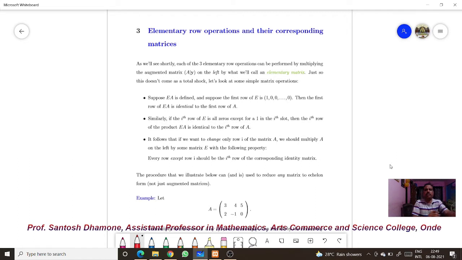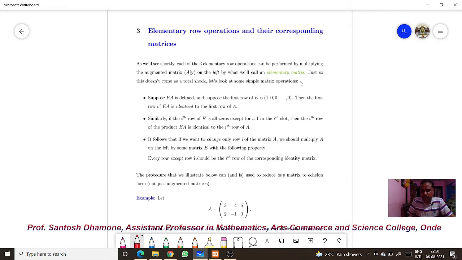As we will see shortly, each of the three elementary row operations can be performed by multiplying the augmented matrix [A | Y] on the left by what we'll call an elementary matrix.